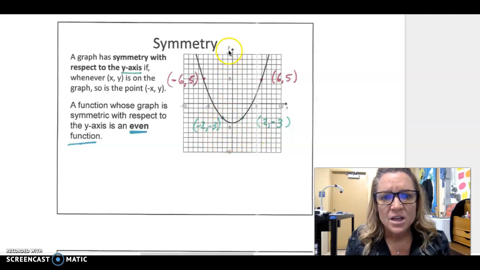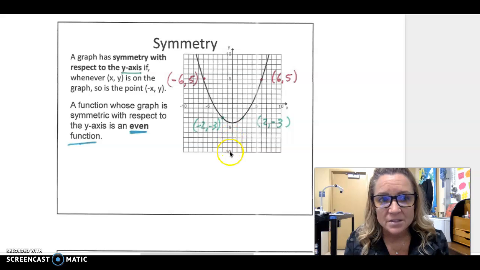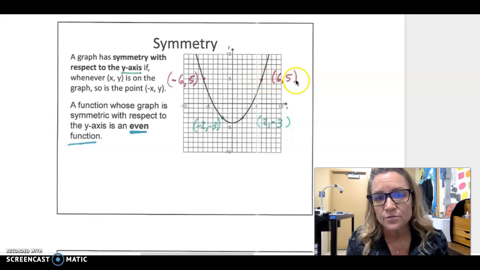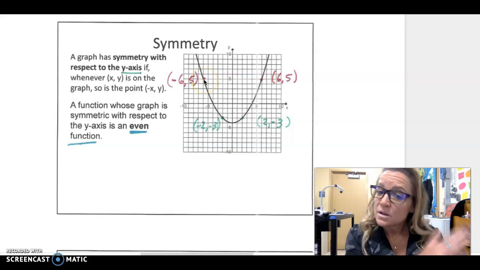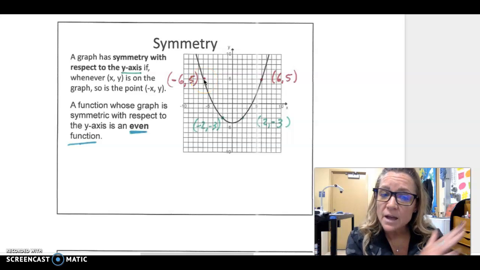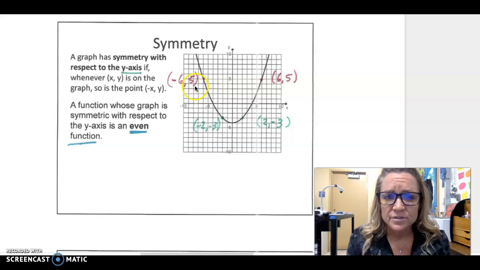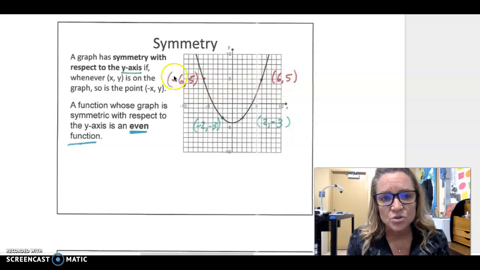So you have the y-axis right here, and on the right side you can find a point. For instance, we could find this point 6, 5, and we go over to the same spot on the other side of the graph, and it's negative 6, 5. So the x value is the opposite, the y value is the same.